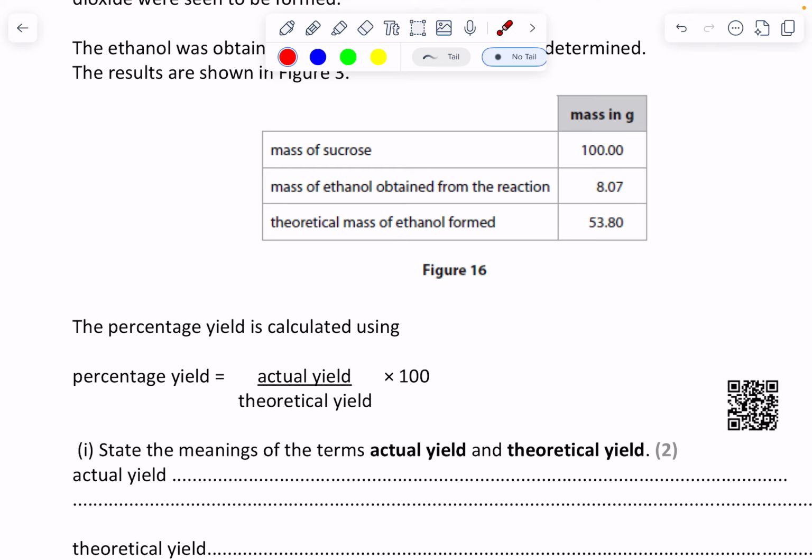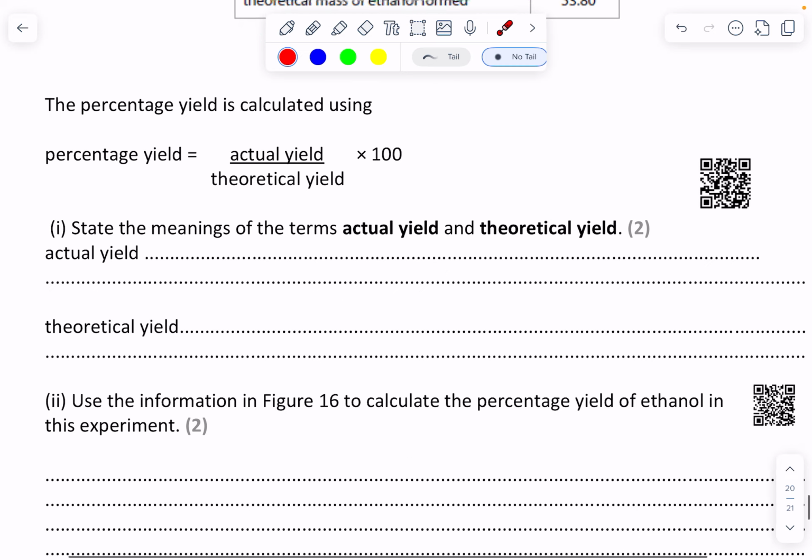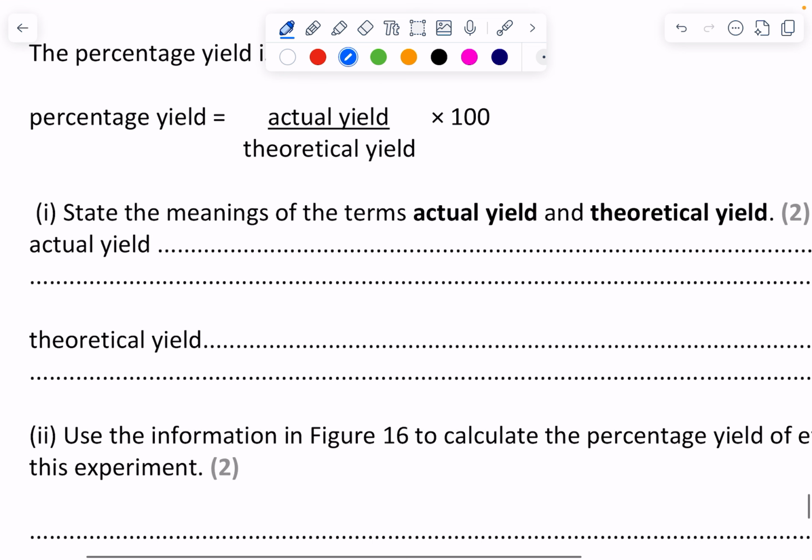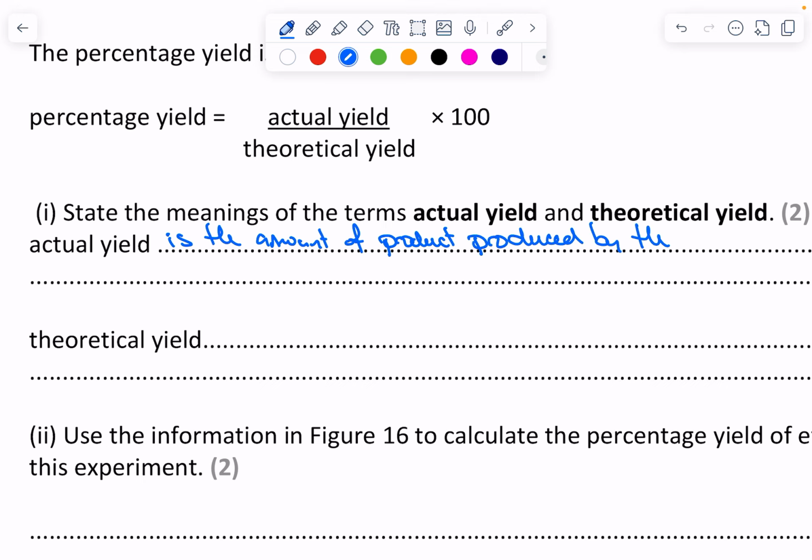Okay, so the first thing we've got to do is state the meaning of actual and theoretical yield. So actual yield is the amount of product produced by the chemical reaction.